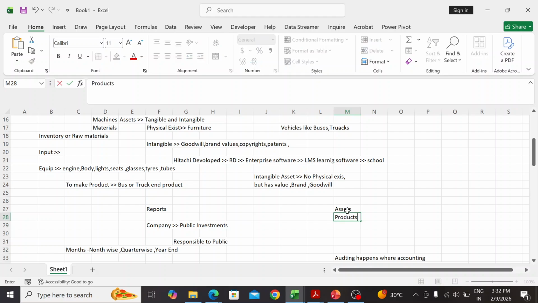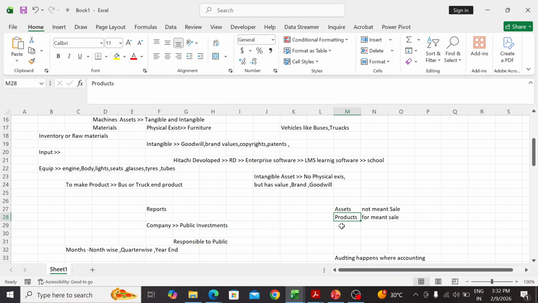Products means which are meant for sale. Assets are not meant for sale. Assets are meant for producing the products.